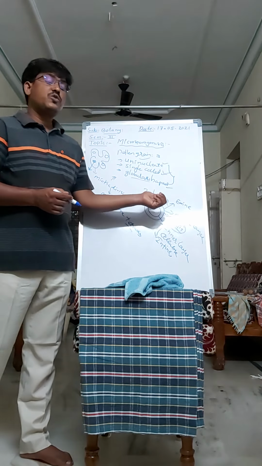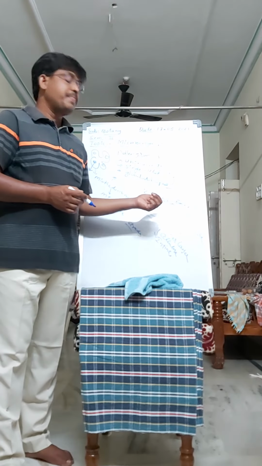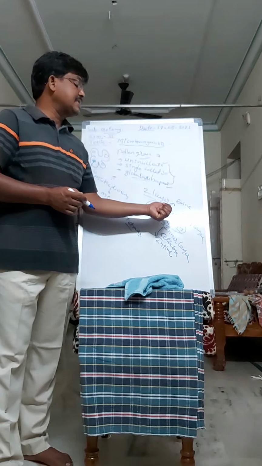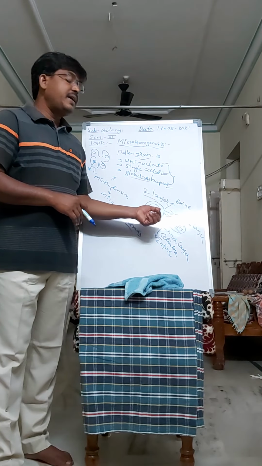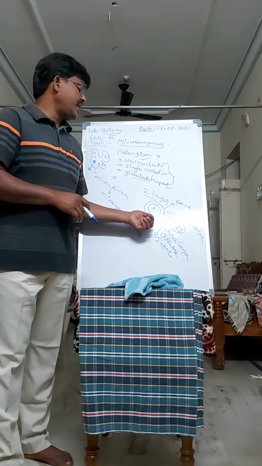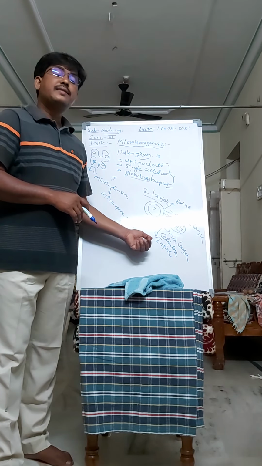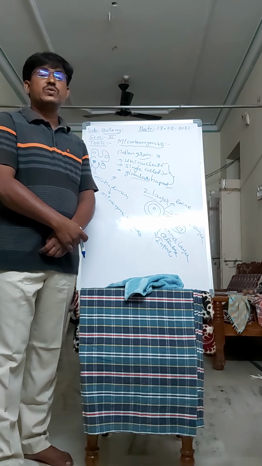It consists of two layers: the outer layer, the exine, made up of pectin, and the inner layer, the intine, made up of cellulose.